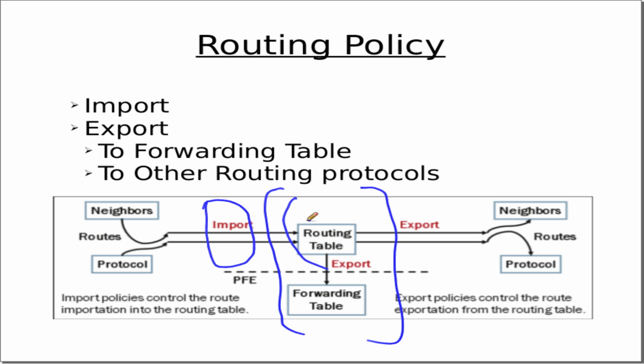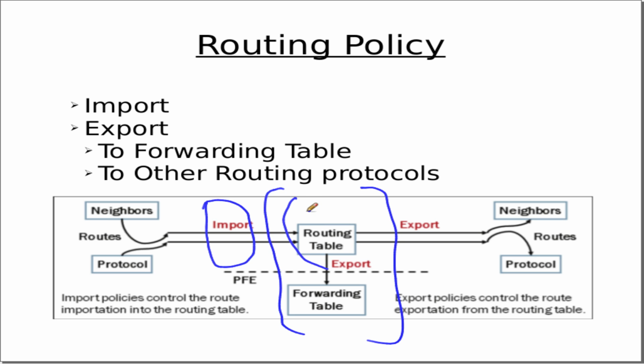they are installed with different parameters, like different metric values, or maybe different communities if we are talking about BGP, or a different next hop. All these actions can be taken in a routing policy.